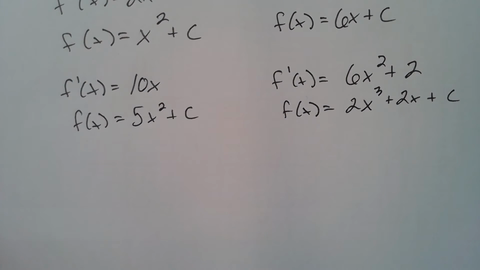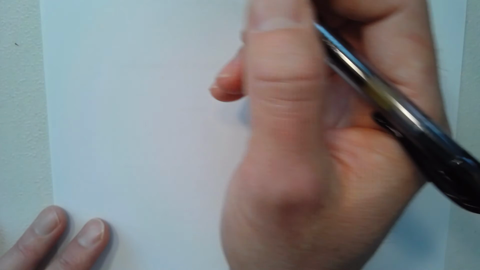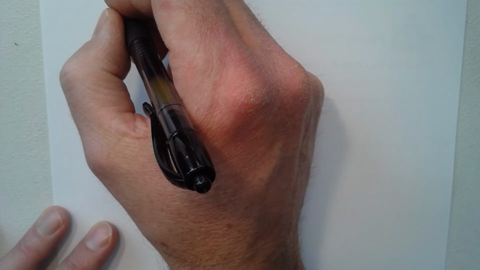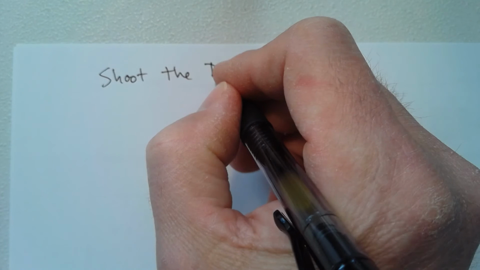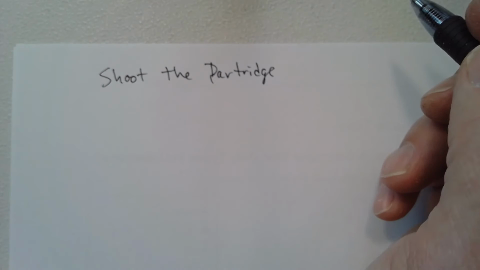All right, so I'm going to propose a question. It seems like a pretty straightforward one, or it's a very simple question. Doesn't mean it's easy to figure out, but let's say we've got a partridge or grouse, and we shoot the partridge. Sorry if that offends somebody.